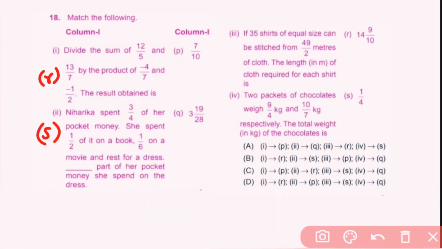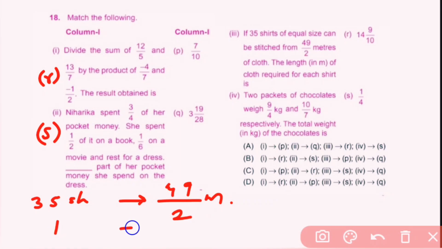Option 3. If 35 shirts of equal size can be stitched from 49 by 2 meters of cloth, the length in meters of cloth required for each shirt is. So for 35 shirts 49 by 2 meters of cloth is required. Then for one shirt how much meter will be required?